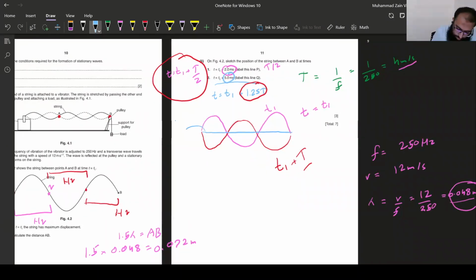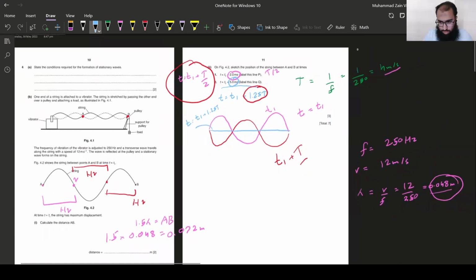So is this part clear to everyone? If anyone has any questions, feel free to ask. If someone is having confusion, I'll try to explain it in some easier way as well. T equals t1 plus 1.25T. So I hope this part is clear to everyone if no one is telling me they have a confusion.